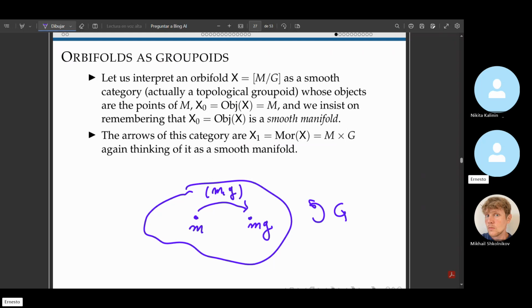And this will be a category whose objects are M. M is the objects. It's a set, it's a small category, and the M is the set of objects, but it's a smooth manifold.